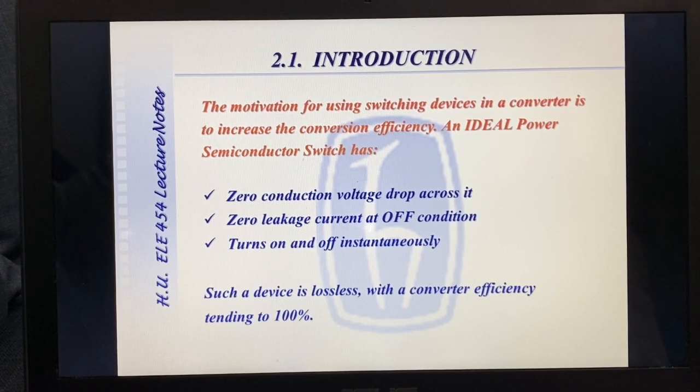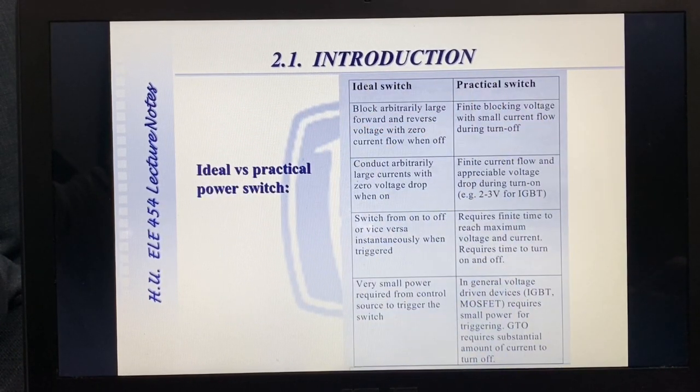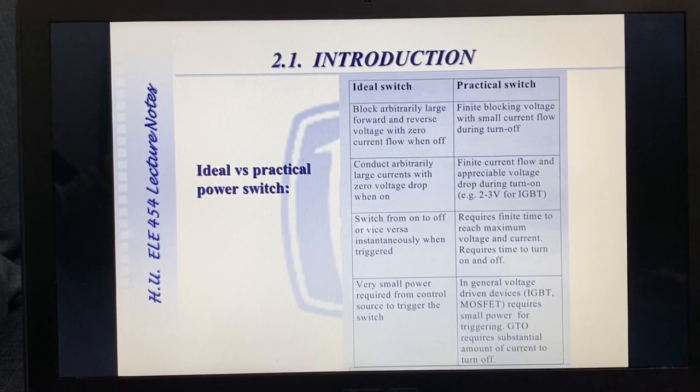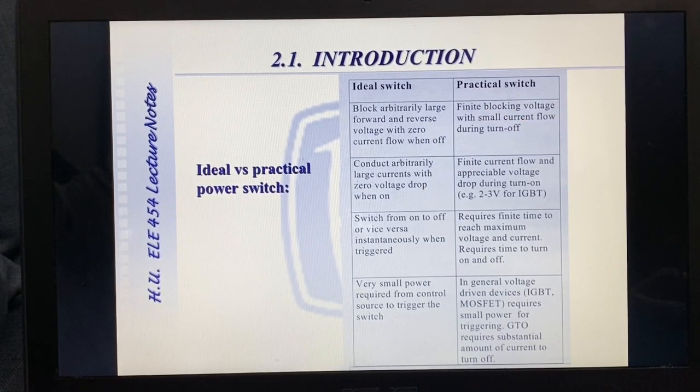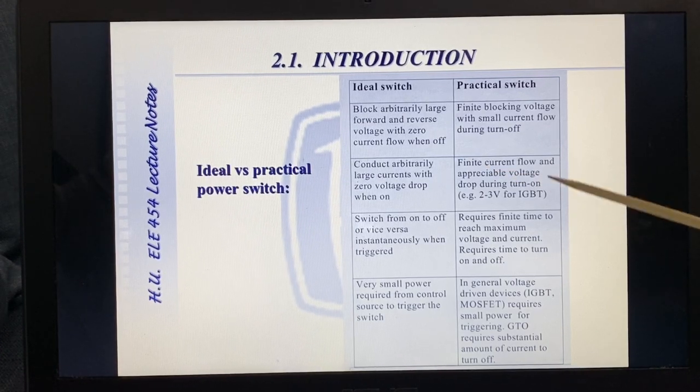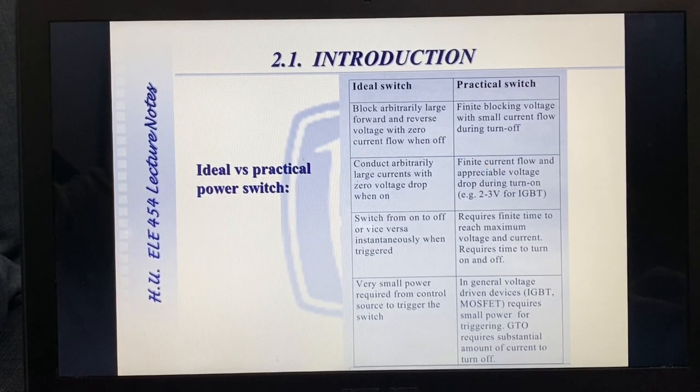But in practice, practical power switches, power transistors or thyristors, have some limitations. They can block only a finite voltage during turn-off, allow only a finite current flow, and have appreciable voltage drop during turn-on.